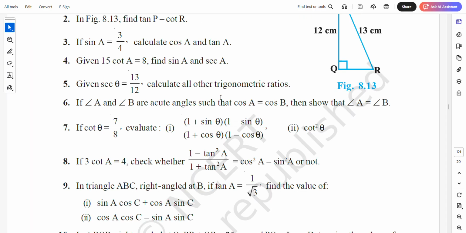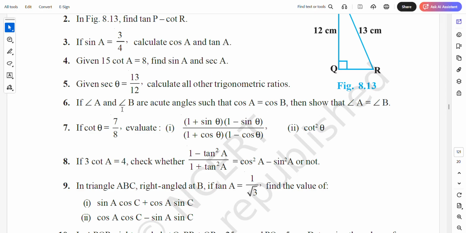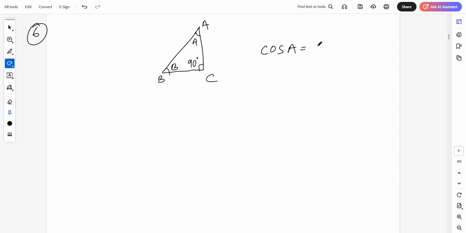Here they are saying that cos A is equal to cos B. Okay, what is cos A? If A and B are acute angles such that cos A is equal to cos B, then show that angle A is equal to angle B.